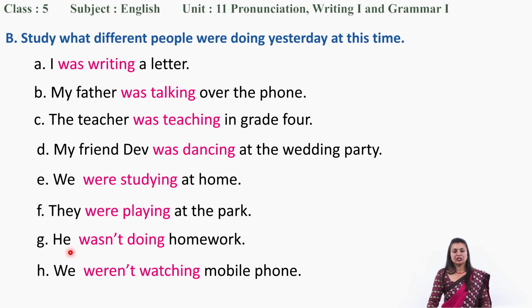Here you can see he wasn't doing homework, like we weren't watching mobile phone. So these kind of structures we have to use whenever we are explaining something that was happening in the past time. Okay, I hope that you understood it well, didn't you?